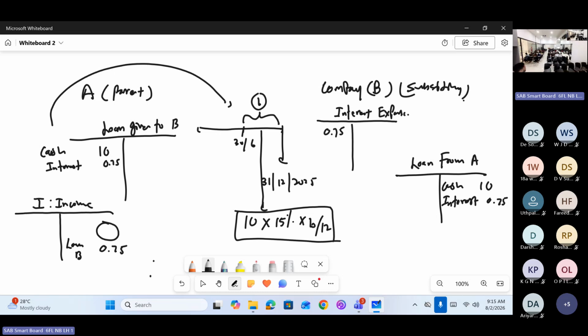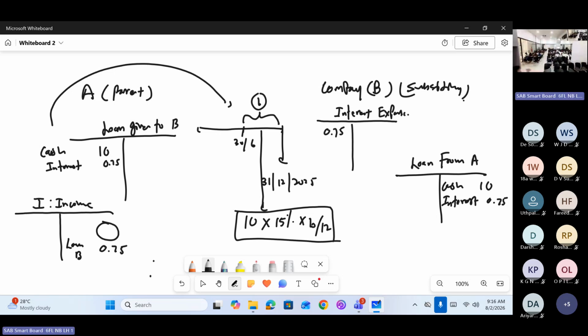Then what are you going to do? You can see this liability balance tallies with this asset balance. First step, reverse the capital amount with the accrued interest.